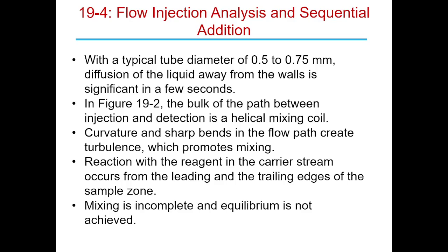So in figure 19.2, the bulk of the path between the injection and detection is a helical mixing coil. You remember the helical mixing coil. By the way, that's the same thing that you would see in a mad scientist lab thing. That's actually a helical mixing coil. I don't see them as much anymore because electronic mixers are a thing now. And so they're only used in specific cases now because they're very expensive.